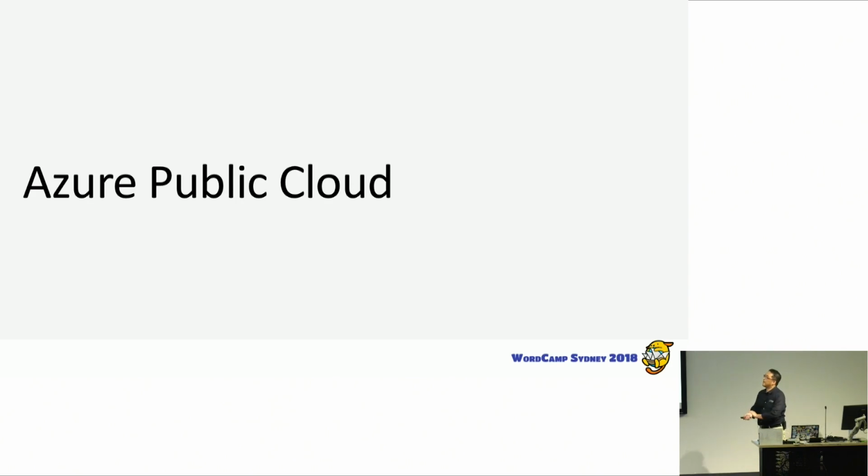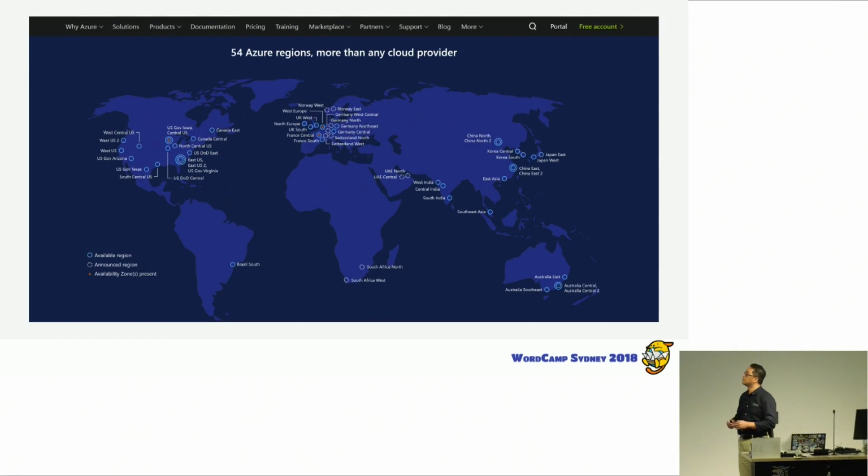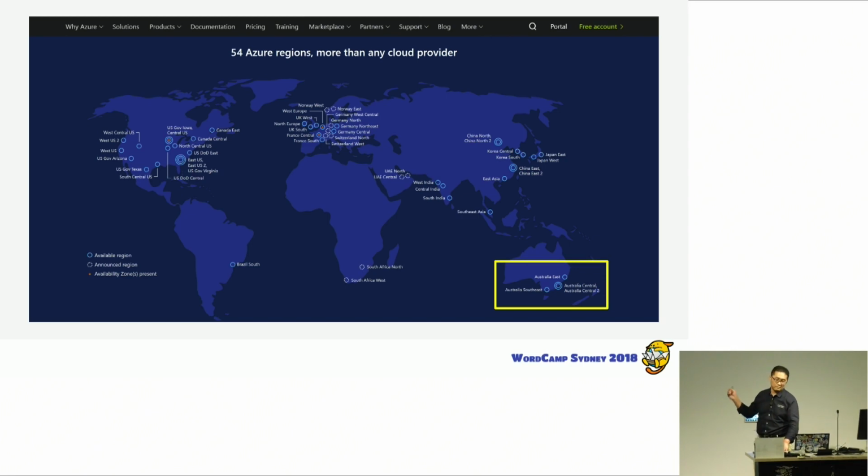Throughout this session, I'm going to use the Azure public cloud to host the WordPress website. There are more than 50 locations around the world to host web applications, including WordPress. These are the 4 regions in Australia: one in Sydney, one in Melbourne, and 2 in Canberra.